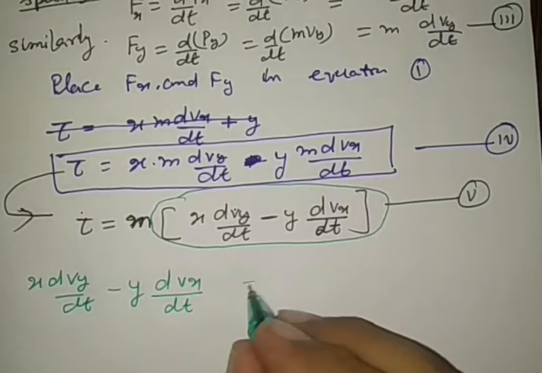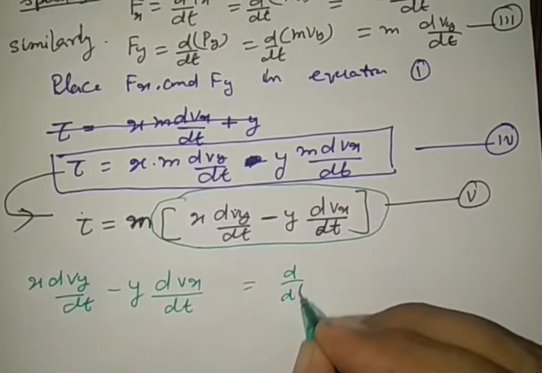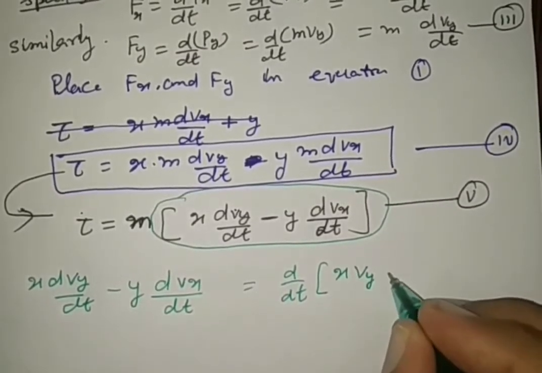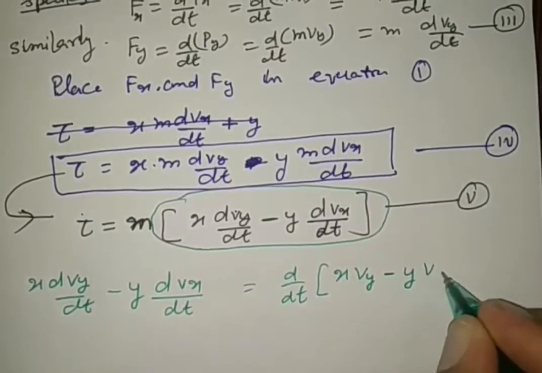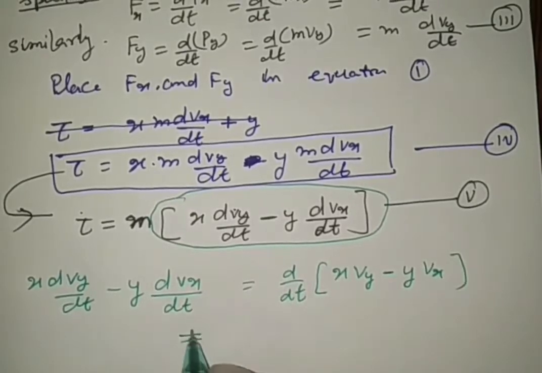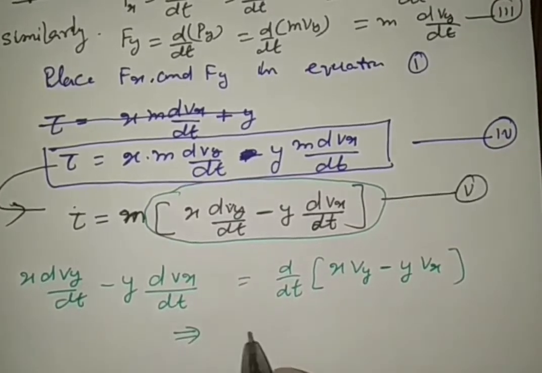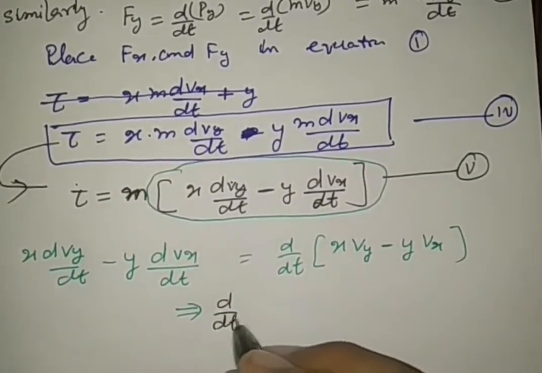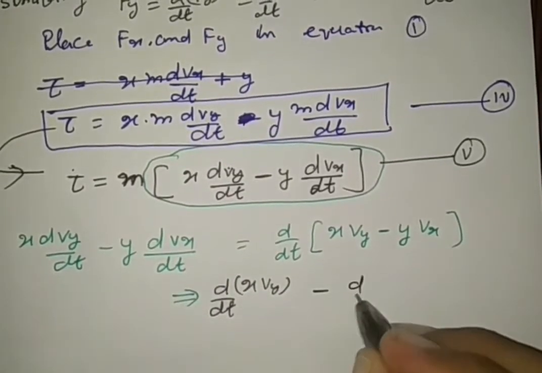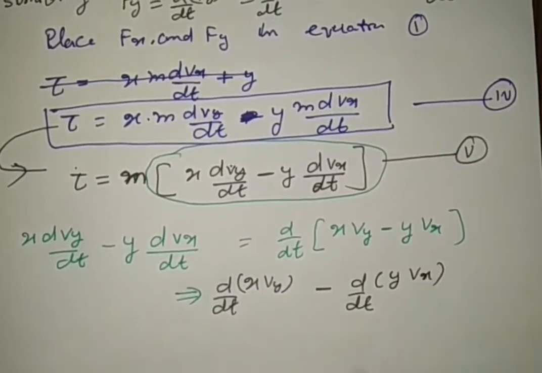We are going to write it in this way: d by dt we are taking common, it is x vy minus y vx, right? We are going to take it as d by dt of x vy minus d by dt of y vx in this case.